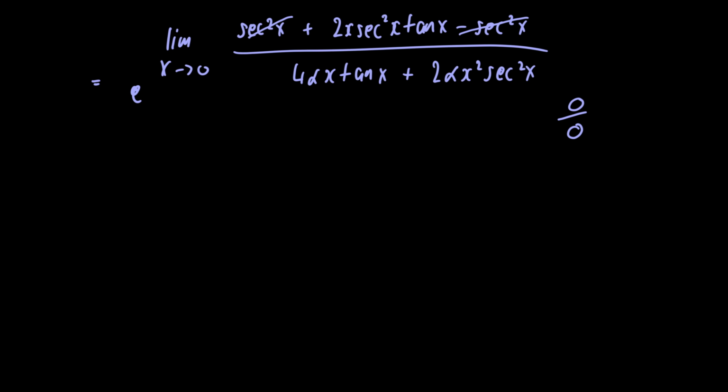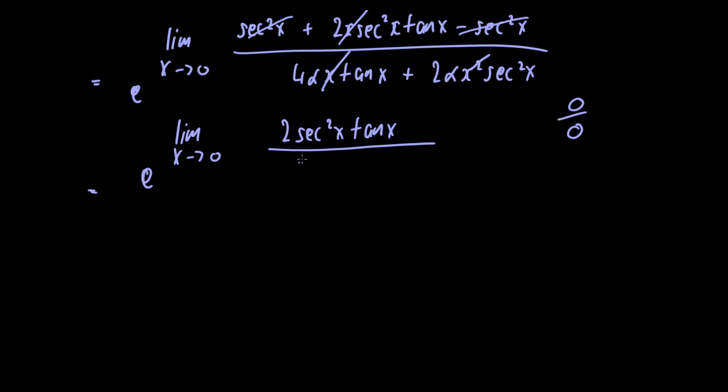So our limit's of indeterminate form 0 over 0, and we're going to have to apply L'Hopital's rule for a third time in order to solve it. Notice we can actually cancel a factor of x, and now we can rewrite our limit as e raised to the limit as x approaches 0 of 2 times secant squared of x times tangent of x divided by 4 times alpha times tangent of x plus 2 times alpha times x times secant squared of x.